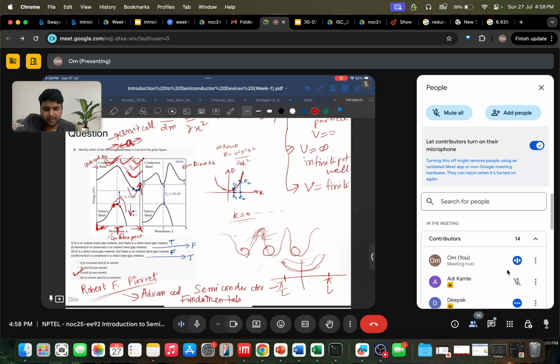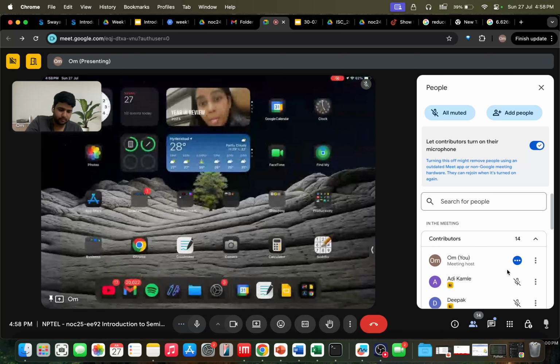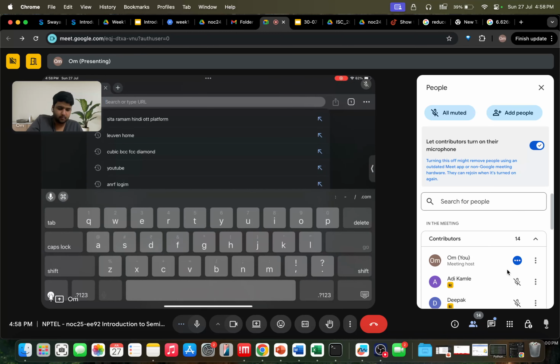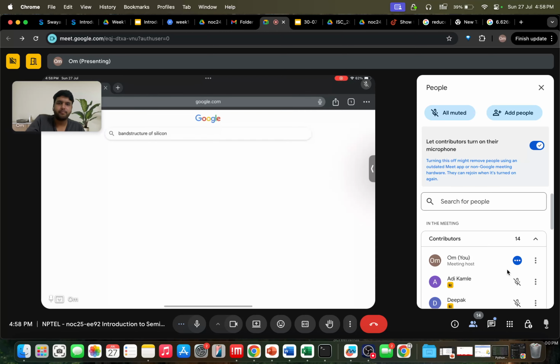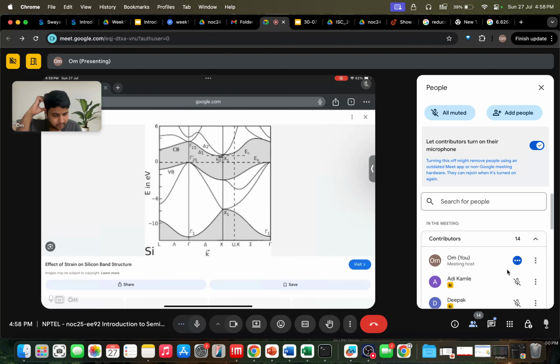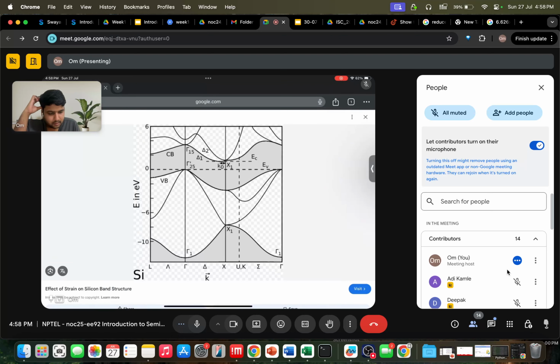Your question is basically about multiple bands. There usually are multiple bands. It's not just this picture. If I show you the band structure of silicon, you see it is not just one curve.